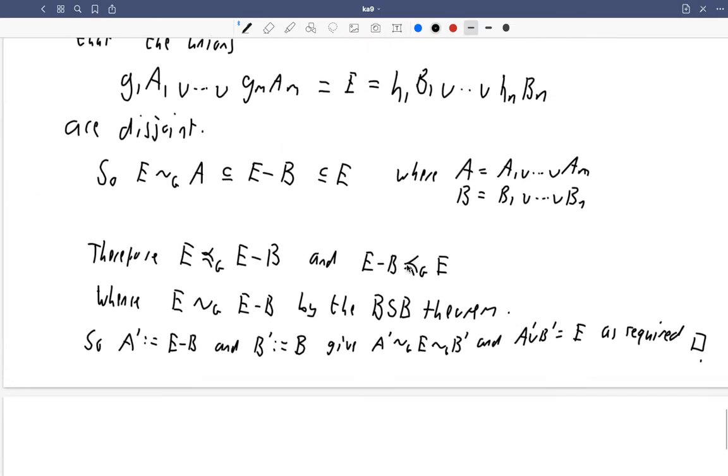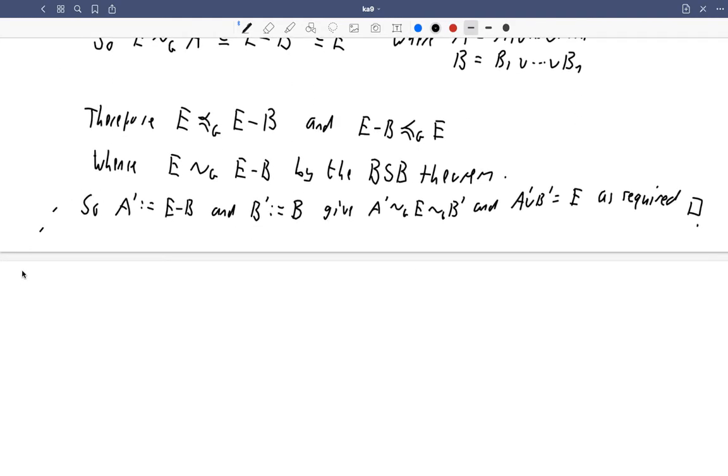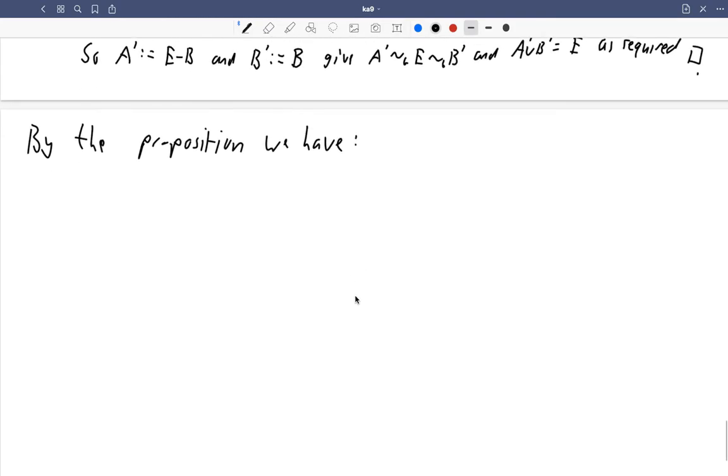So by the proposition we have what I'm going to call the second restatement of the Banach-Tarski theorem.